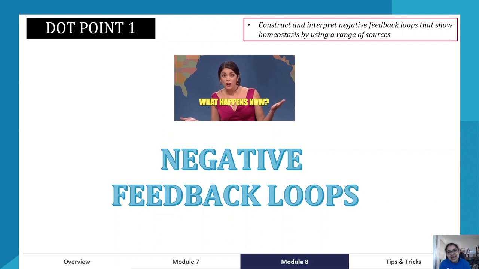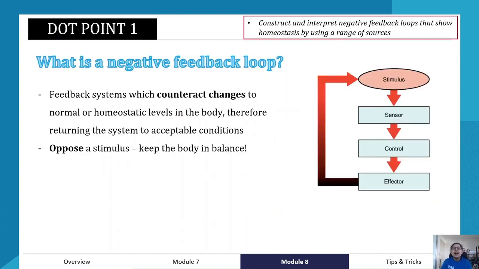The body uses, I think that's a better word, something called a negative feedback loop. So what is that? A negative feedback loop is essentially when we are trying to counteract the change to the body in order to return to the normal conditions.